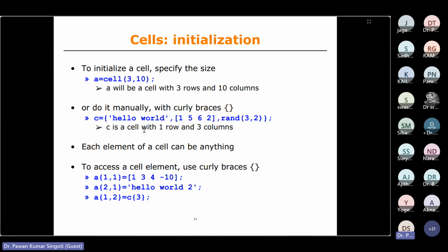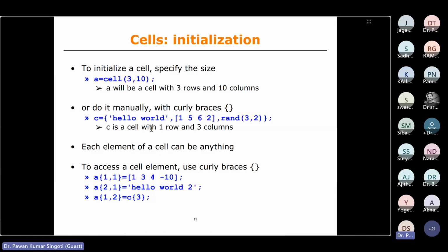Unlike a matrix, which is written with square brackets, a cell is written with curly braces. You can see hello world in between, this matrix, and rand 3 comma 2.